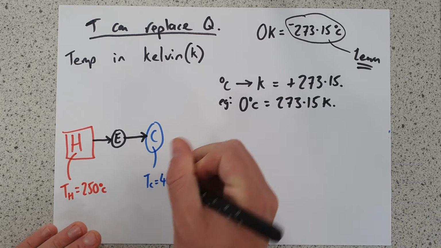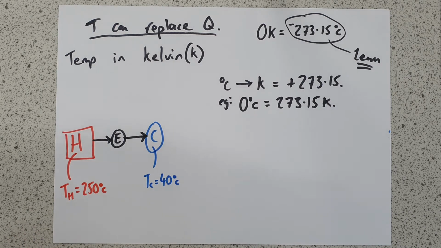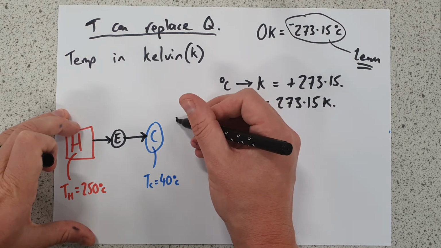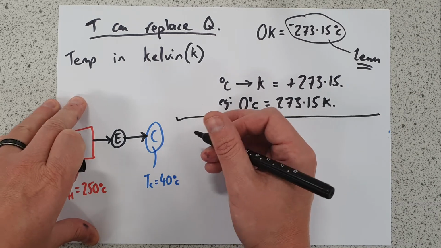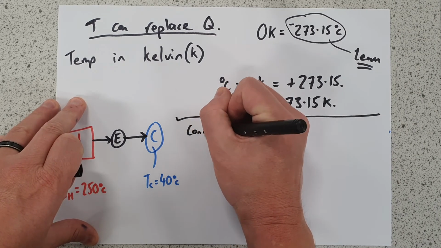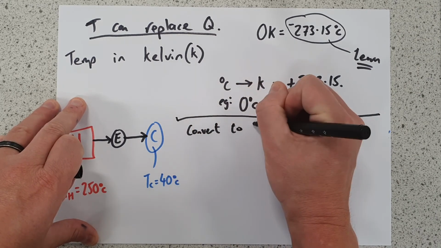Now in the exam they might give you these in Kelvin, in which case there's no need to convert, but they might not. So it's being ready to understand what they could get you to do here is try and get you to calculate the efficiency of an engine without telling you the Kelvin. So the first job that we need to do, and I'm just going to draw a line under that bit, so this is not relevant at the moment, is we're going to convert to Kelvin.